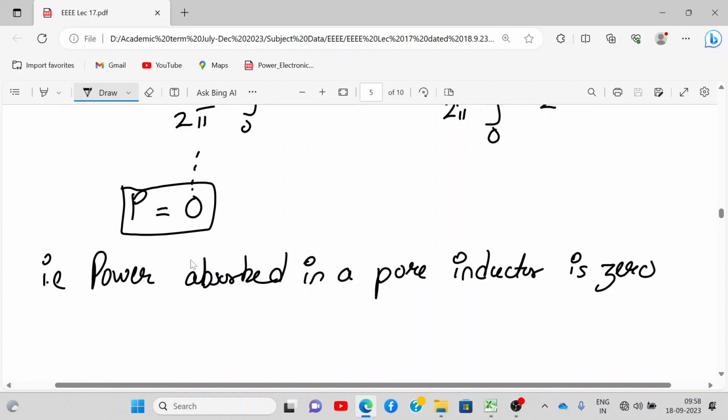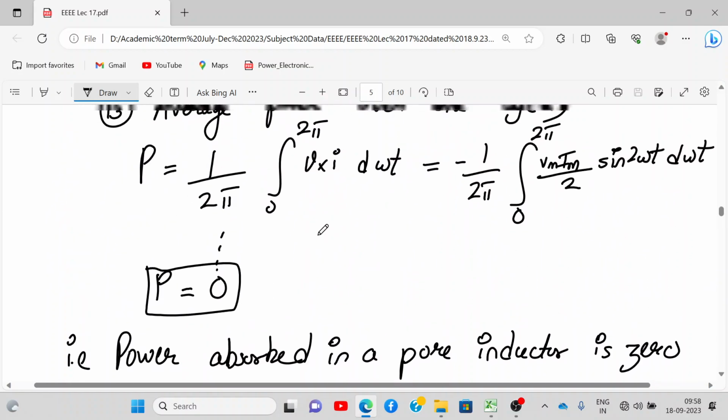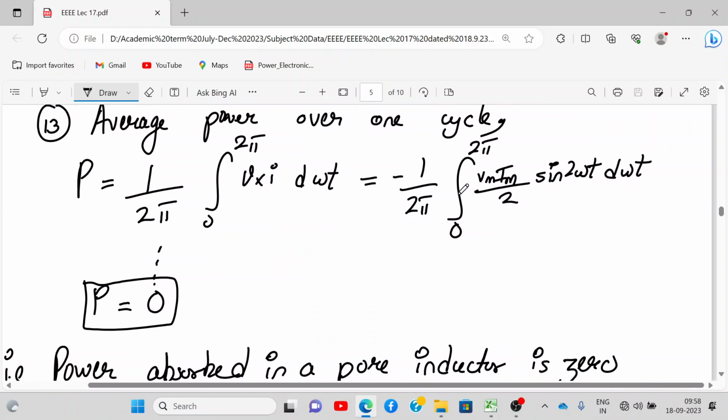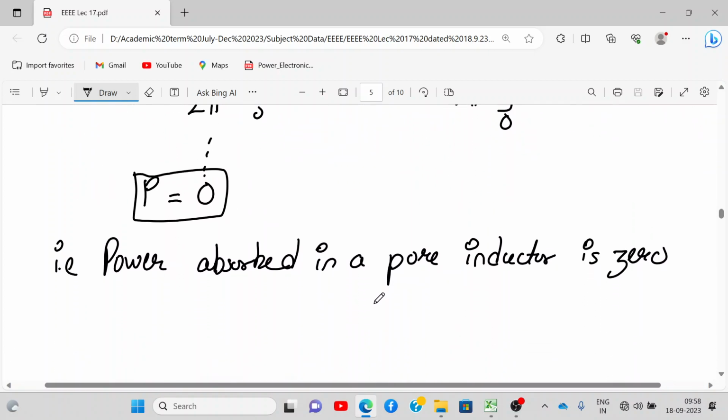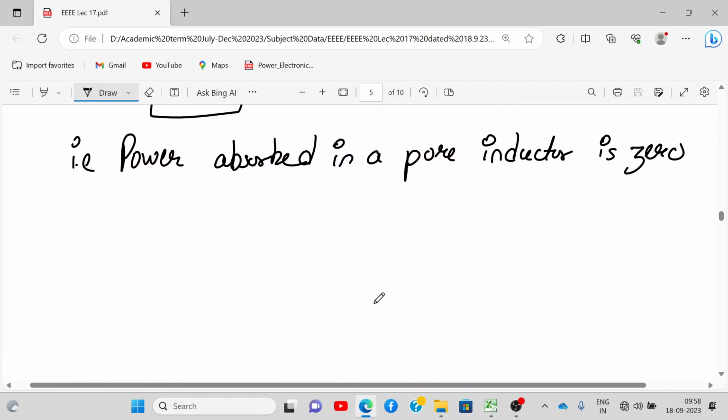Instantaneous power is there, but average power is not there. Similarly, we'll solve a numerical on an inductor with AC current, and then we'll go to the next part. If you solve this further, you can find out mathematically the average power absorbed in a pure inductor is 0.